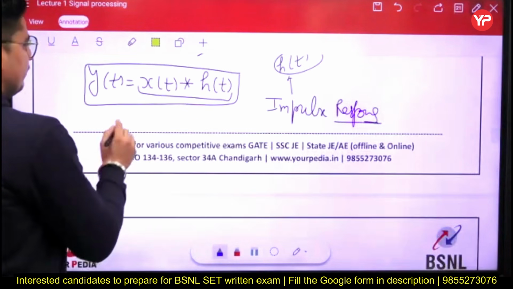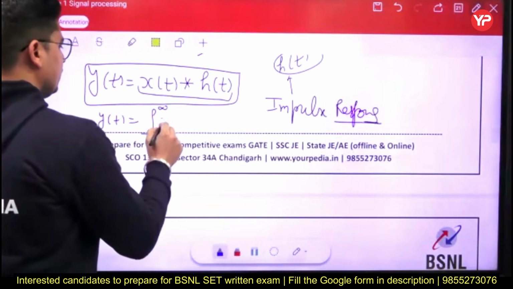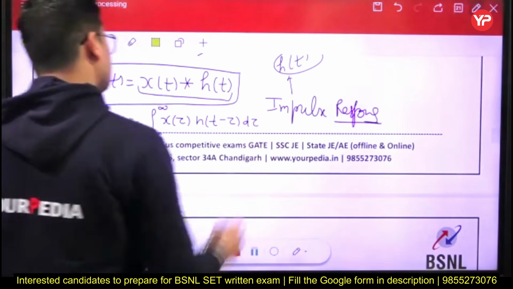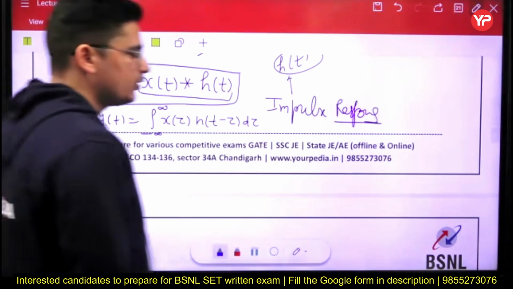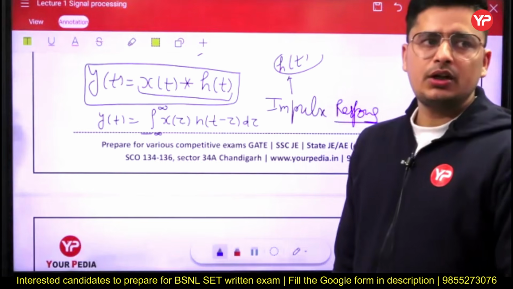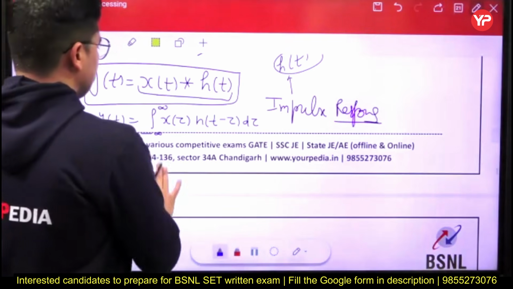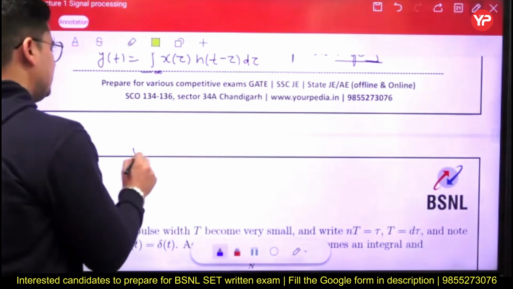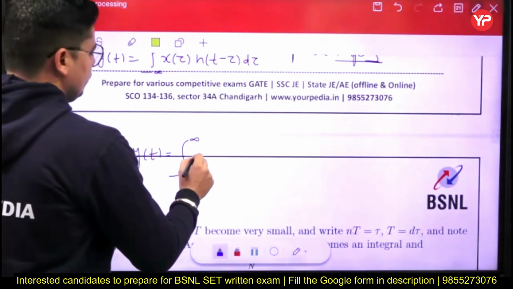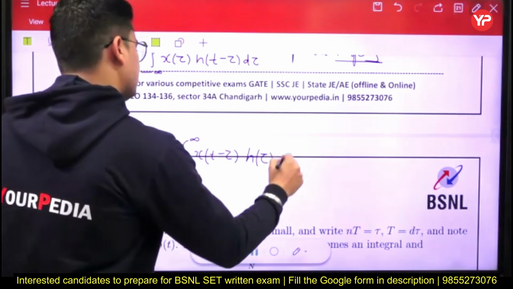The convolution has the formula y(t) equals the integral from minus infinity to infinity of x(tau) h(t minus tau) d tau. Another equivalent formula: you can interchange x with h, so y(t) equals the integral from minus infinity to infinity of x(t minus tau) h(tau) d tau.